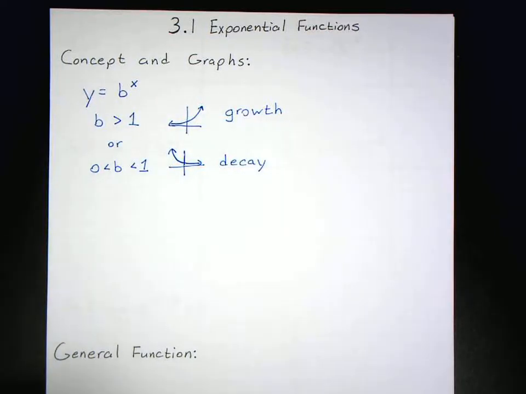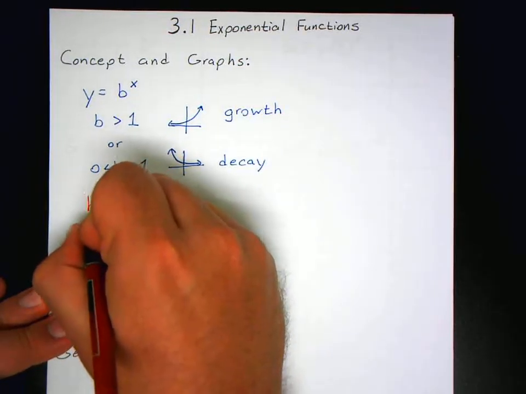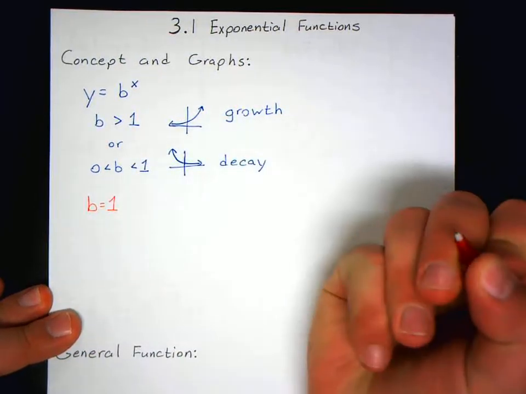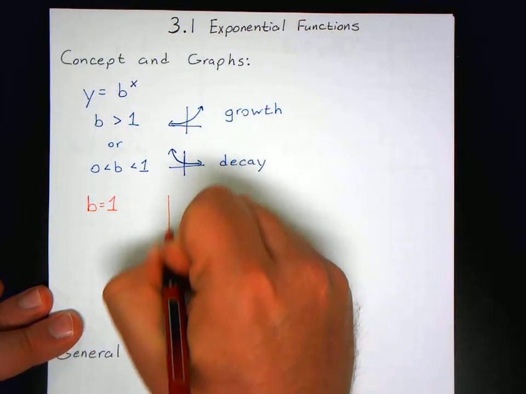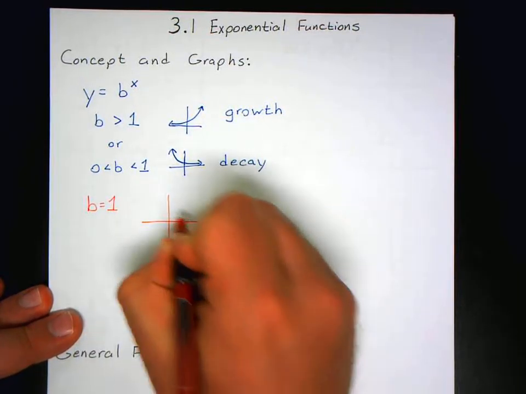Okay, now a couple things that I'm not sure anyone has talked to you about is what happens if we have things that don't meet those requirements. What happens if b equals 1? Then it'd just be 1.